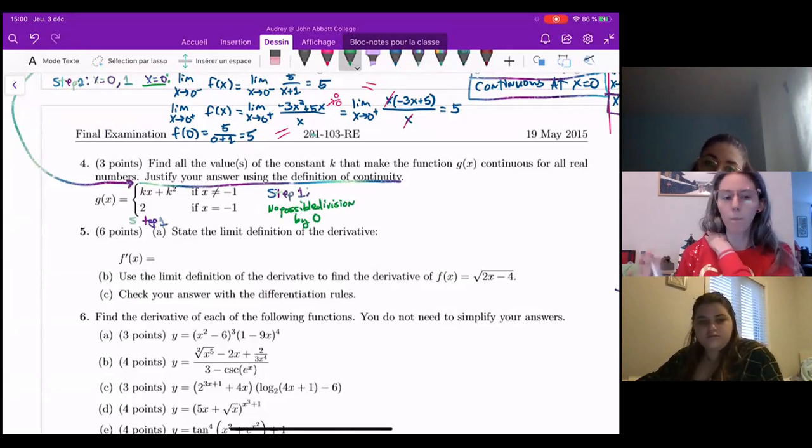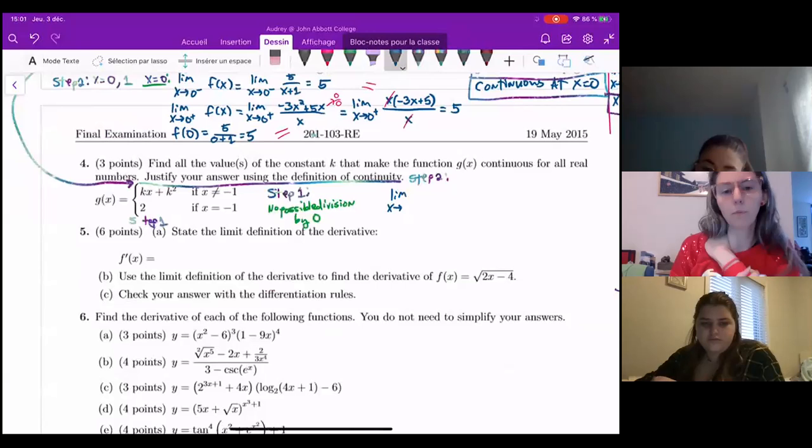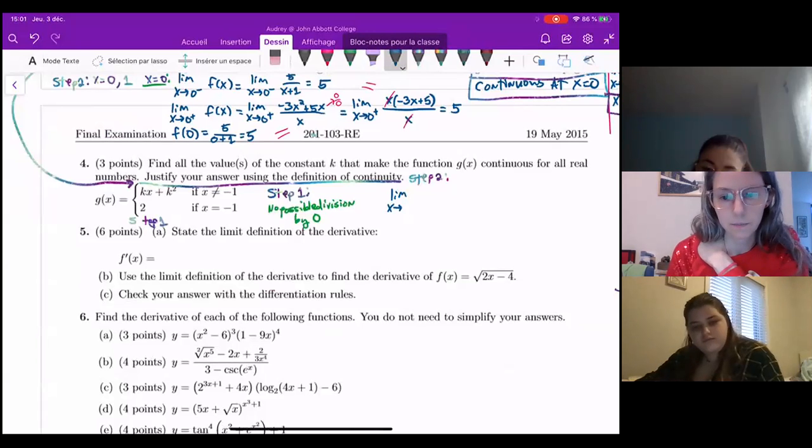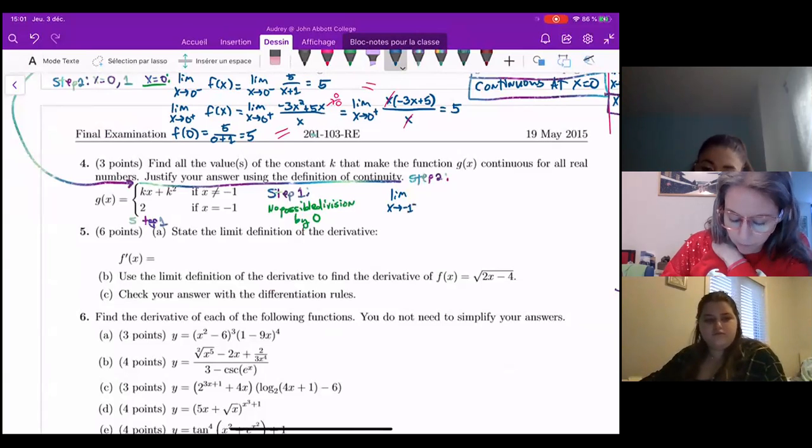The answer I get will be my final answer. So then we're going on to step 2, and in step 2, remember, we're evaluating limits. So I'm going to do the limit as x approaches, what's my breakpoint here? -1. So I want -1 from the left of my function, so of g of x.